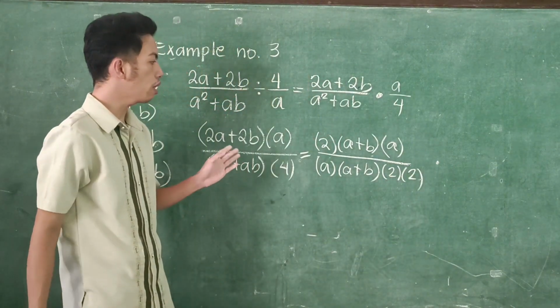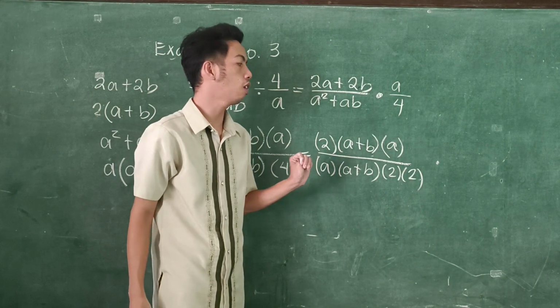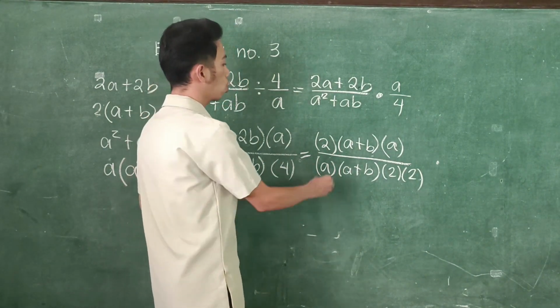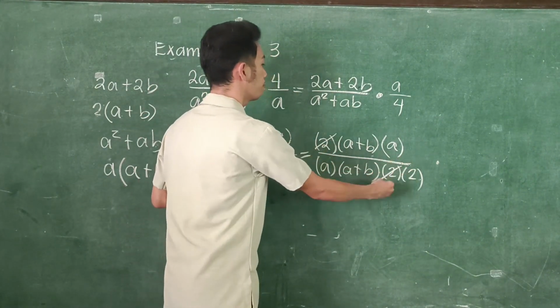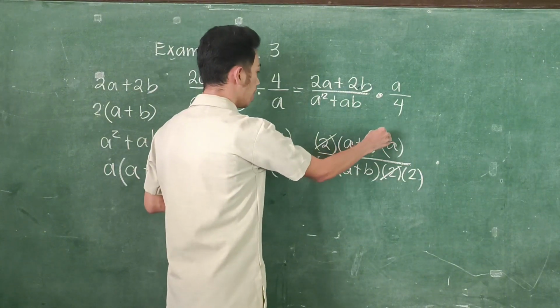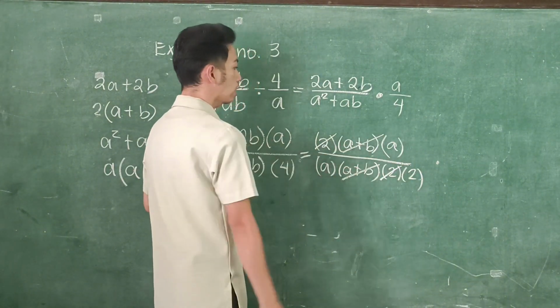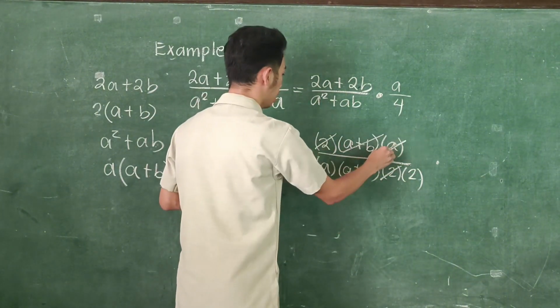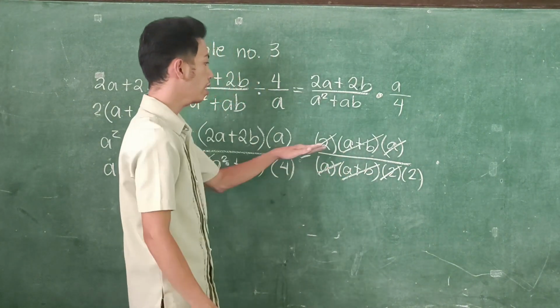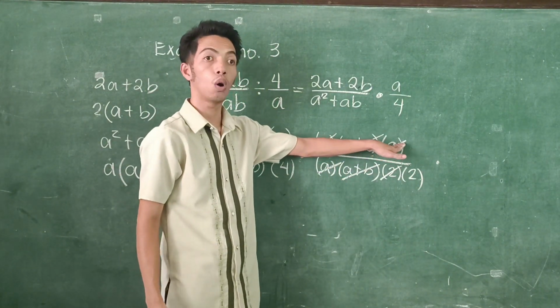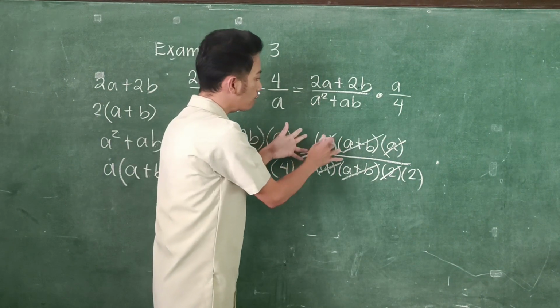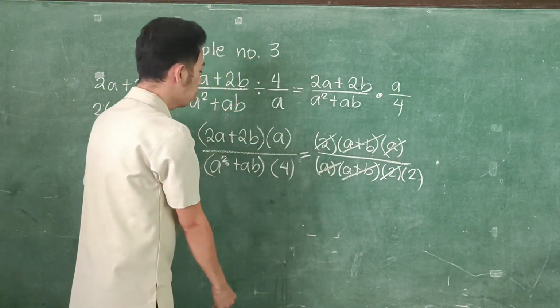Okay, so now we are going to cancel all the common factors. Common factor ang 2. Common factor si a plus b. At common factor si a. So ano natira sa numerator? Walang natira. So kapag wala nang natira sa numerator, ang ilalagay mo dyan ay 1.